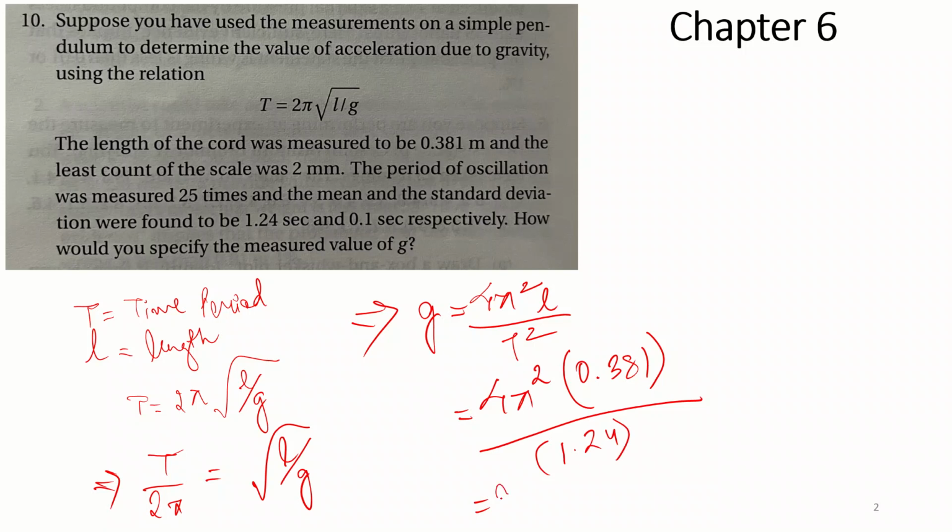So what we get is 9.78. This should be meter per second squared. This is the absolute value.